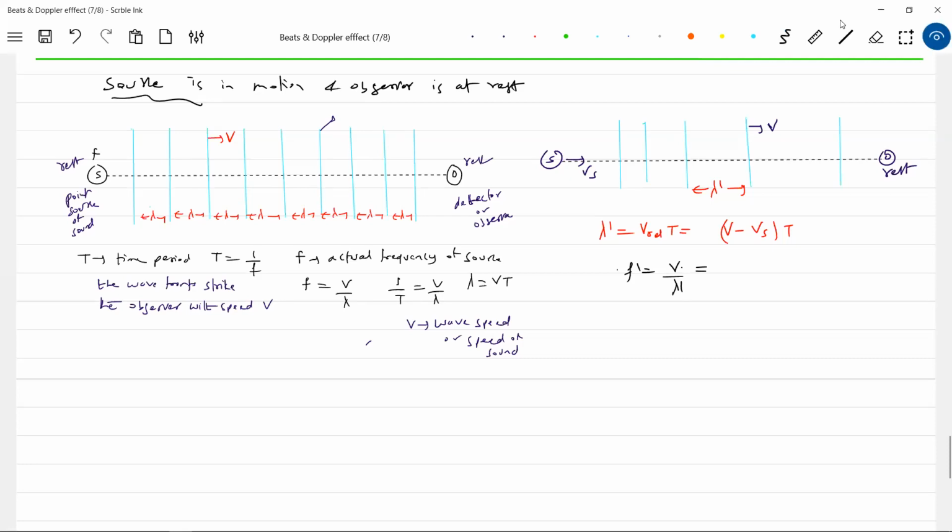The waves will come and strike with a speed V only. The speed with which you are projecting will be different, no? So this will become V, and lambda dash is V minus Vs. What is 1 by T? It will be f. So this is the apparent frequency.